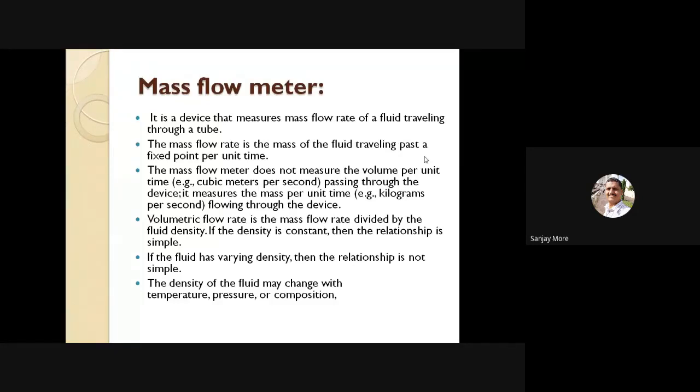And next line. Volumetric flow rate is the mass flow rate divided by the fluid density. Full stop. If the density is constant, then the relationship is simple.